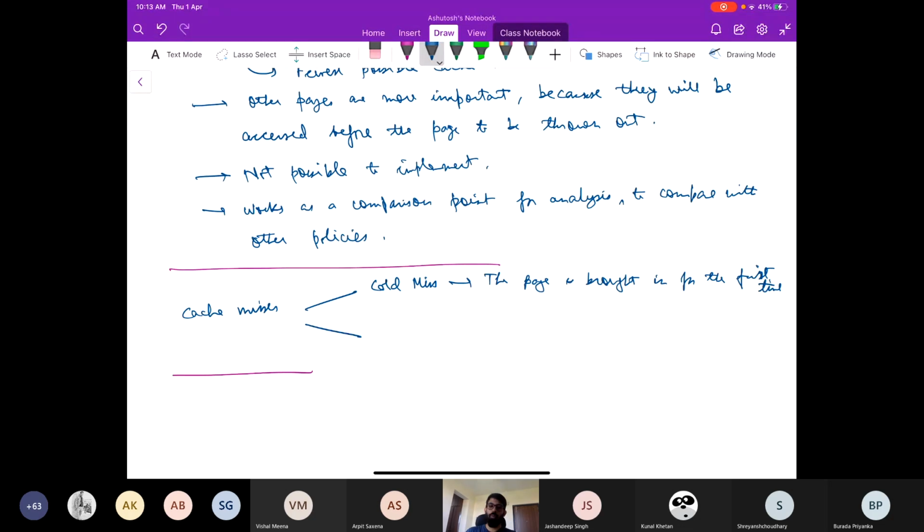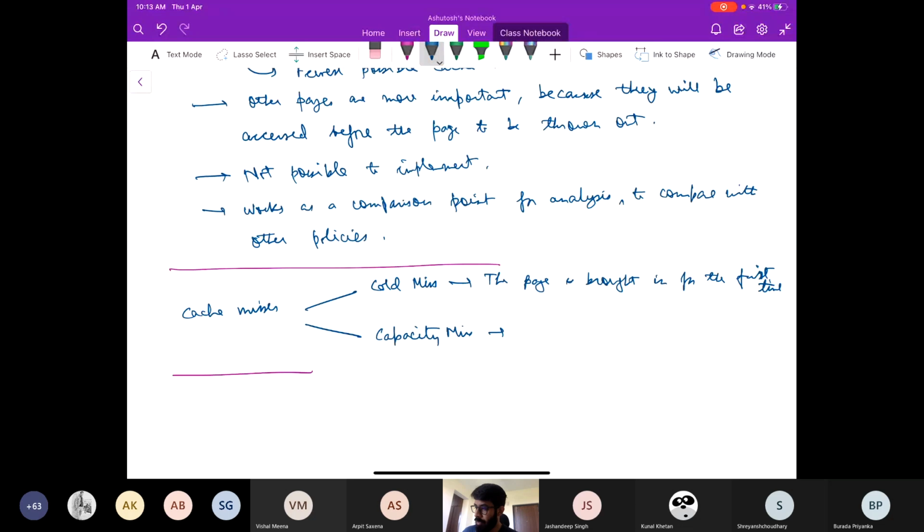It does not matter which policy you use, this will always be a page fault. So the first time a page is brought in, it is called a cold miss, which is going to be common. And then the other is called a capacity miss.